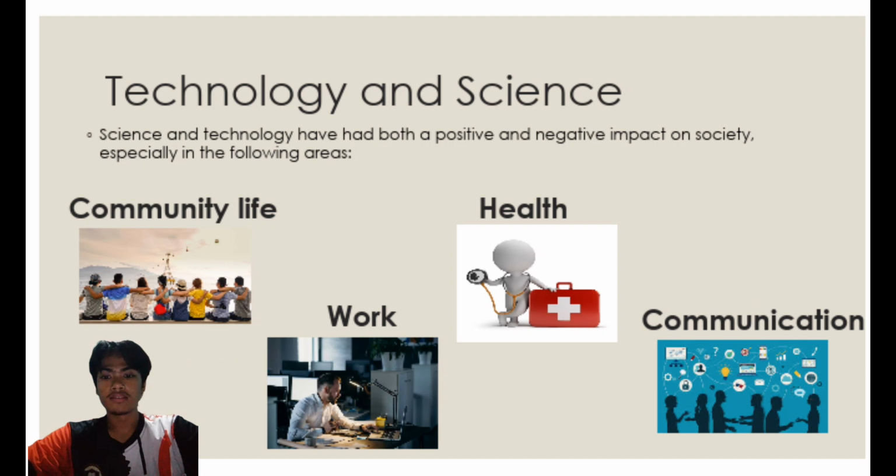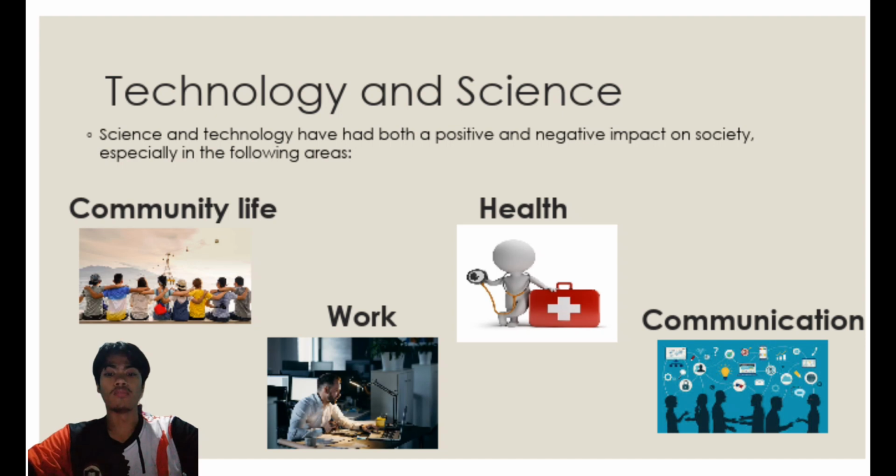Science and technology have both positive and negative impact on society, especially in the following areas. The number one is community life. So we will tackle what are the effects of science and technology in these four.